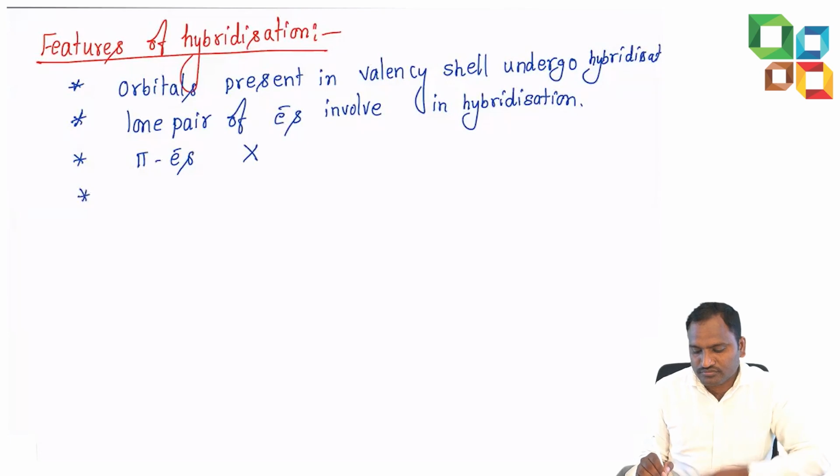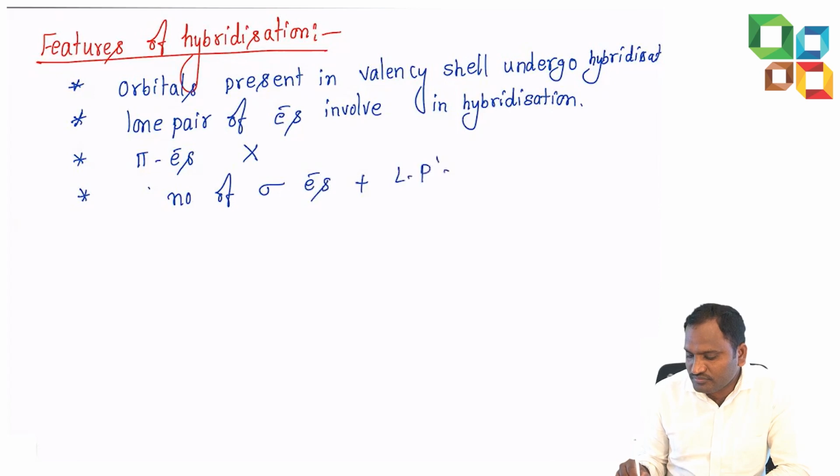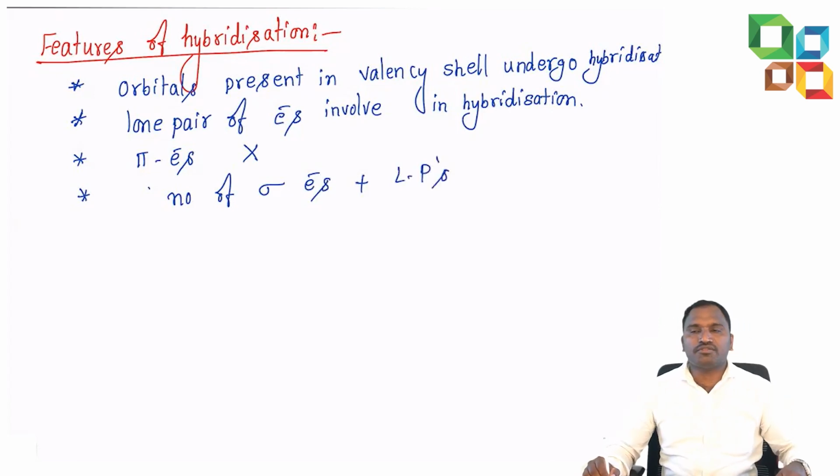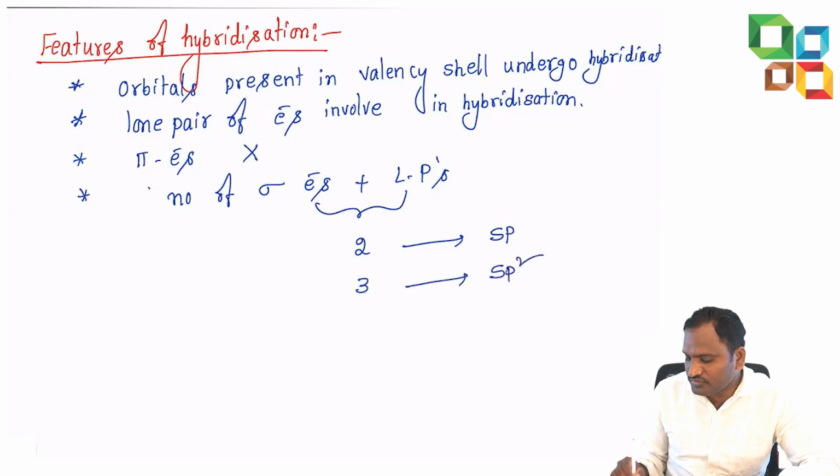Next, by knowing the number of sigma electrons and lone pairs, we can decide the hybridization. If this sum is equal to 2, it is sp hybridization. If it is equal to 3, sp2. If it is equal to 4, sp3.